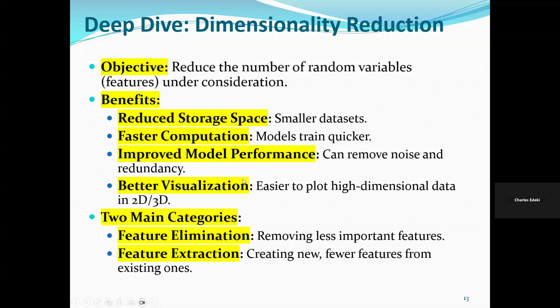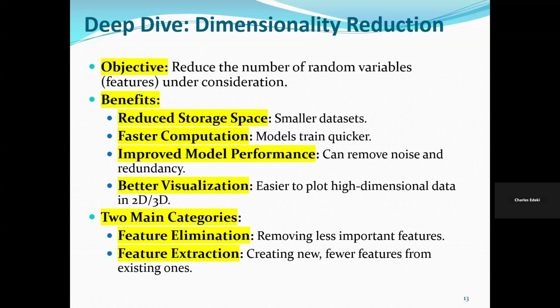Okay, so let's see the next concept. As we said earlier, we can also use unsupervised learning as a dimensionality reduction technique. As we all know, in a dimension reduction algorithm the main idea is to transform high dimensional data into a lower dimensional representation.